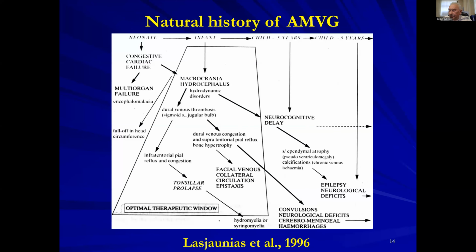The natural course was studied by Lasjaunias and others, and summarized in this schema. The optimal therapeutic window was determined as the age from birth to 5 years.